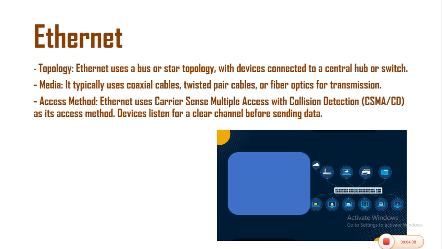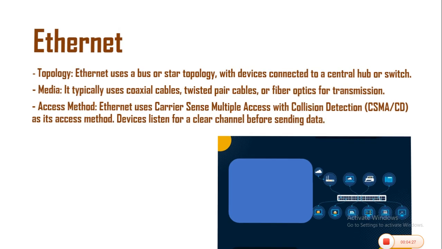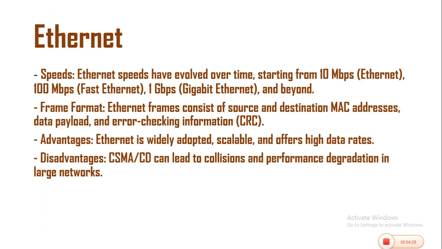The media type is coaxial cable, twisted pair cables, or fiber optic cables. The access method: Ethernet uses carrier sense multiple access with collision detection. The speed: Ethernet speeds have evolved over time, starting from 10 megabytes per second to 100 megabytes per second to 1 gigabyte per second and beyond.